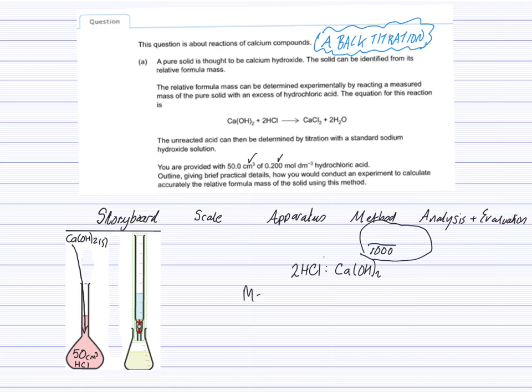So the maximum number of moles, or the maximum amount of the calcium hydroxide is going to be 50 times 0.2 over 1,000, but we then need to divide that by 2.